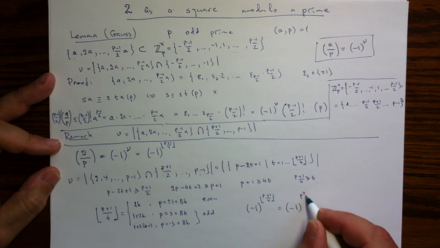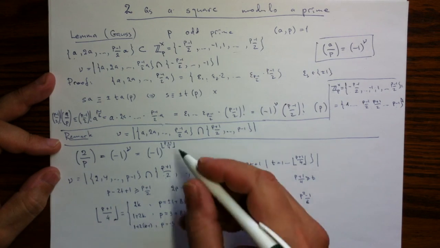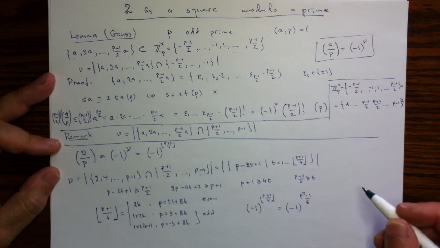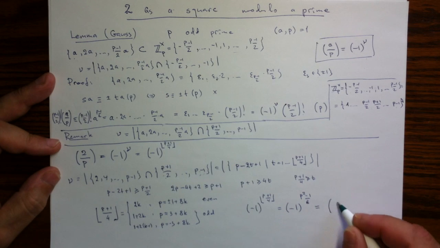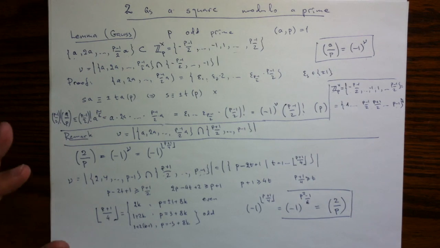If we compute p squared minus 1 over 8, we will have the same answers. So that is a preferred answer for the symbol. That is what is usually listed as the formula for the Legendre symbol. Well, that's it for now. See you later.